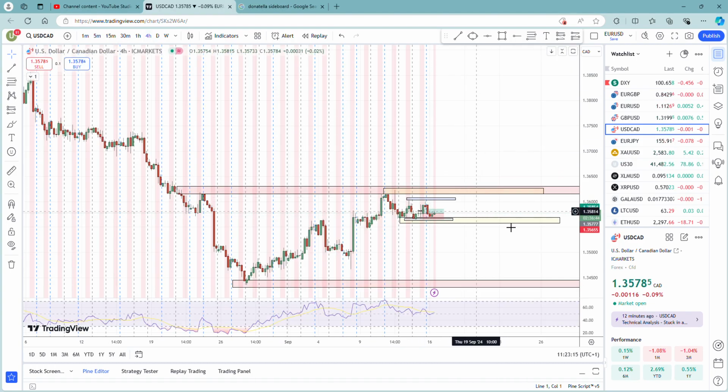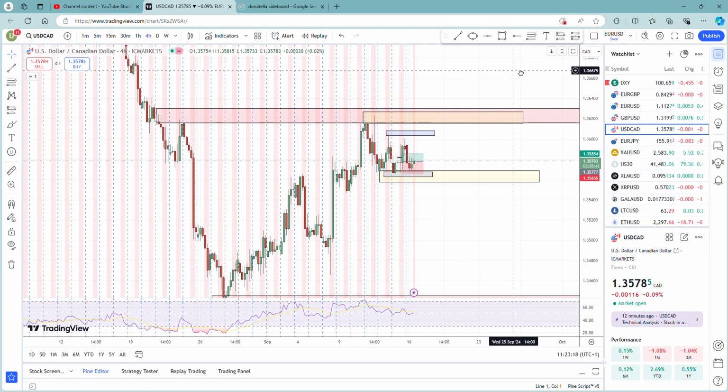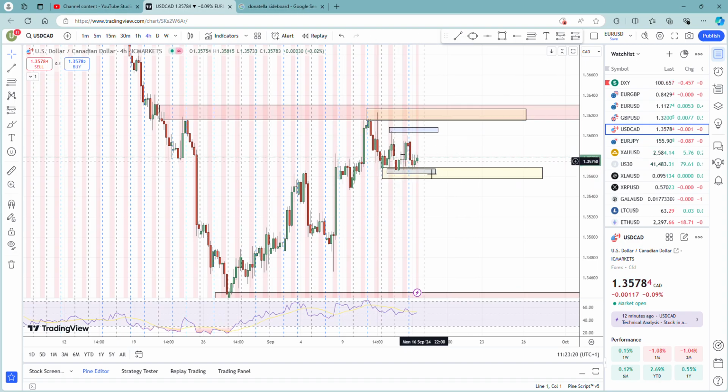Go to the H4 time frame. You can see price is at the H4 support.